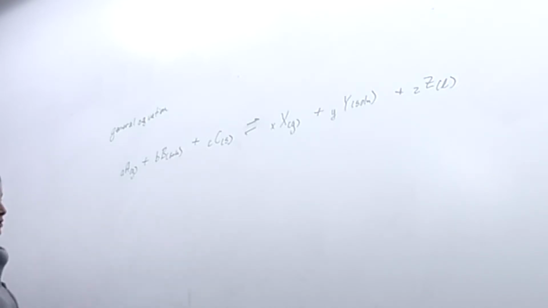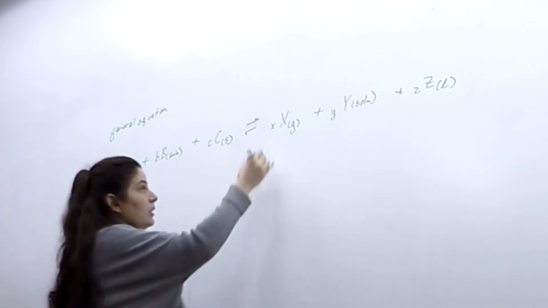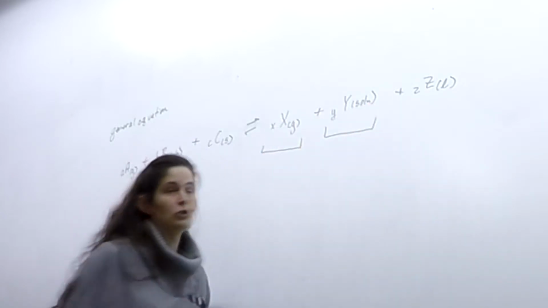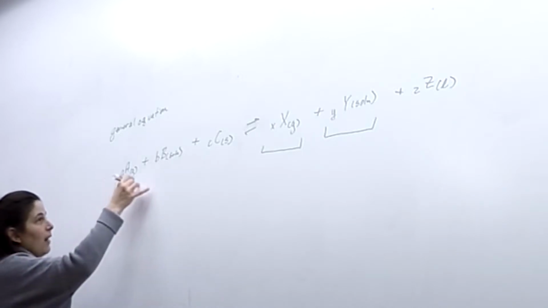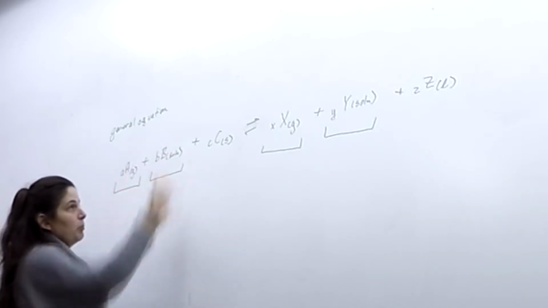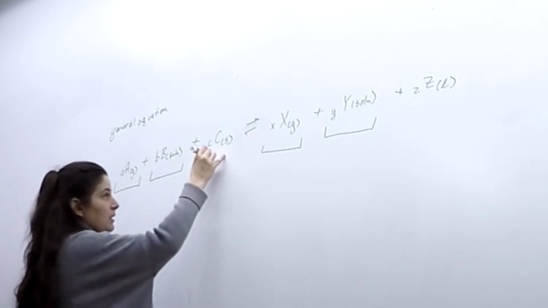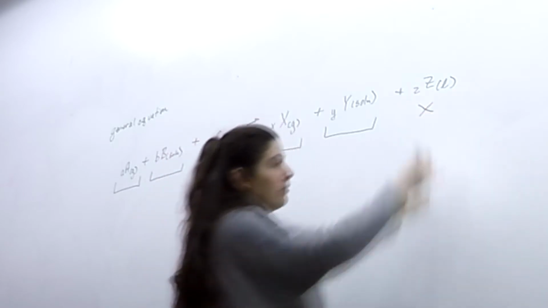All right, so when we compare these, the quotient or ratio that we're going to write out is only going to include gases and solutions. So when I write this out, A and B will be included, but since C is a solid, it will not be included, and our pure liquid will not be included.